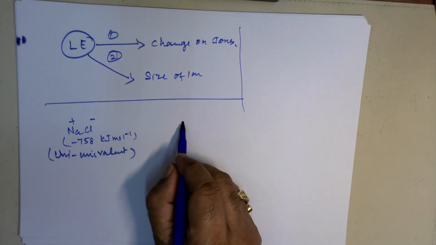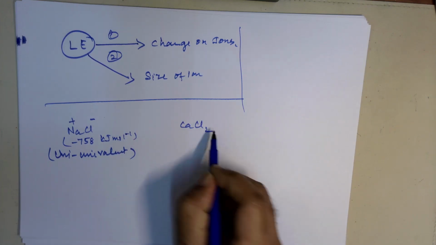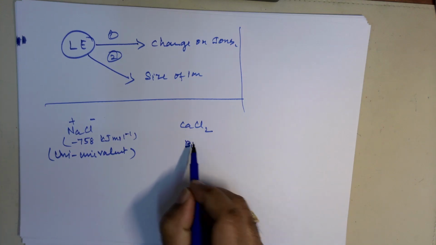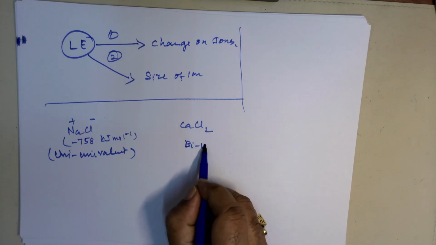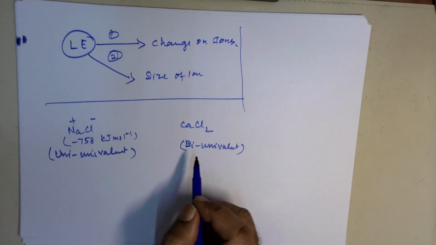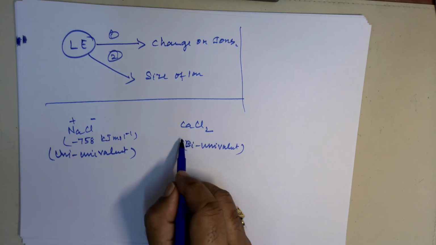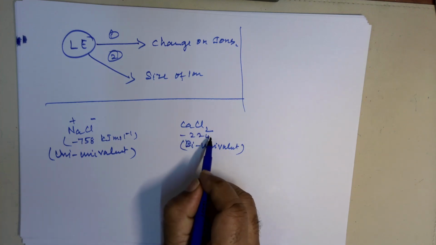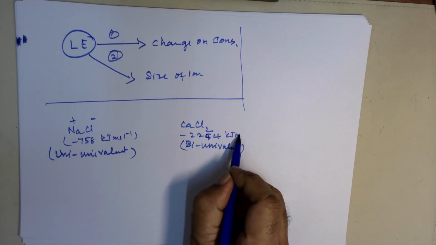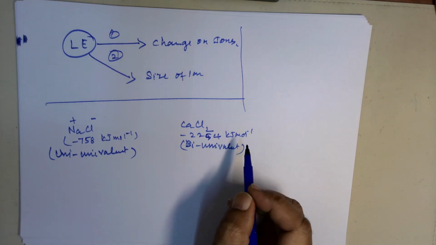Now let me take calcium chloride, CaCl2. Calcium is bivalent and chlorine is univalent, so this is a bi-univalent species. It has minus 2254 kilojoule per mole of lattice energy.